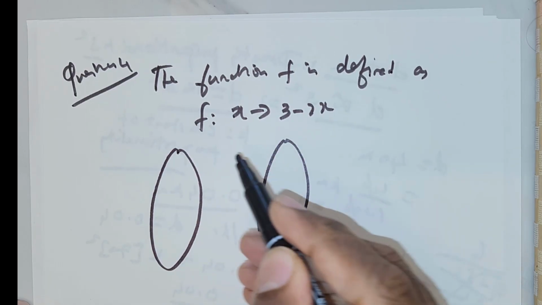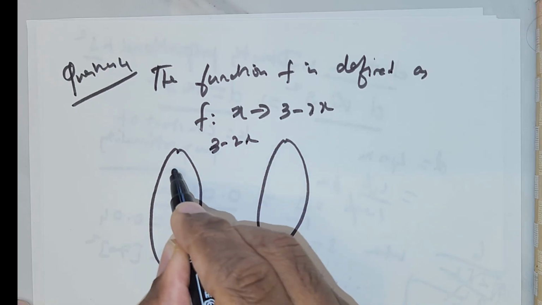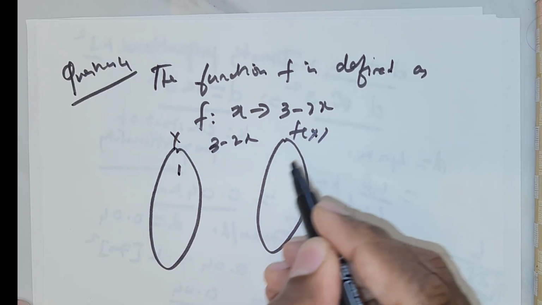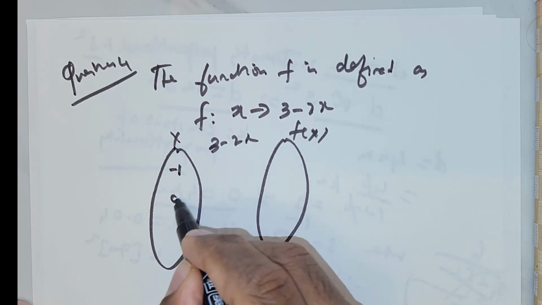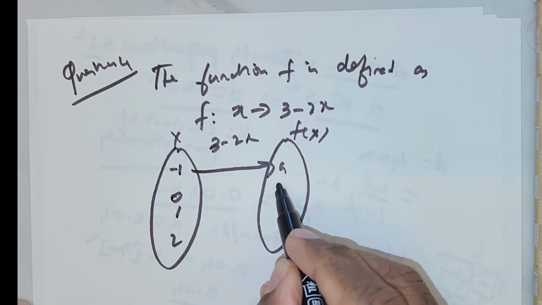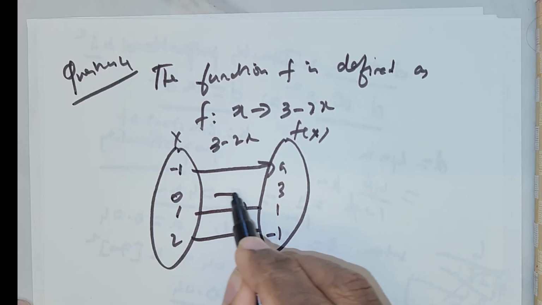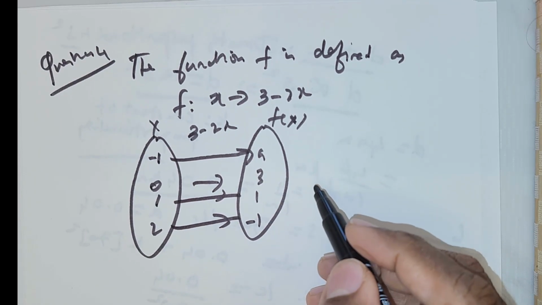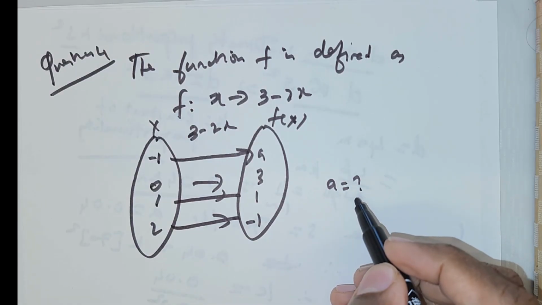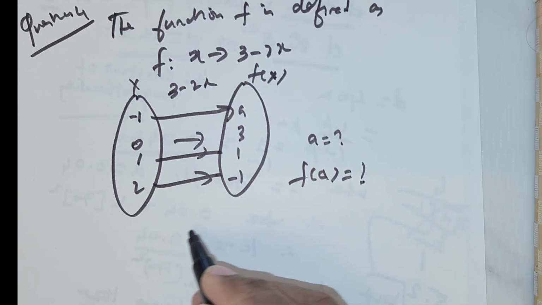We have this diagram, the mapping for x and f(x). So −1, 0, 1 and 2 are mapped to a, 3, 1, −1. These are the mappings. We are asked to find the value of a. That means f(a) is required.